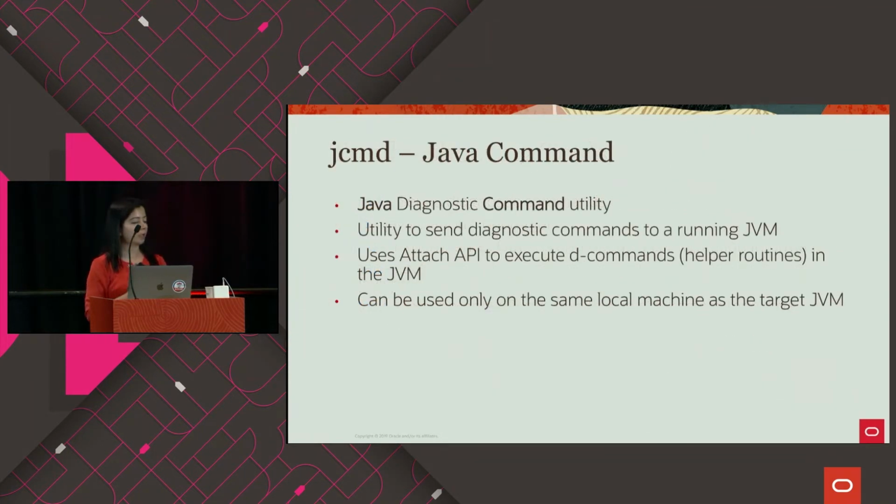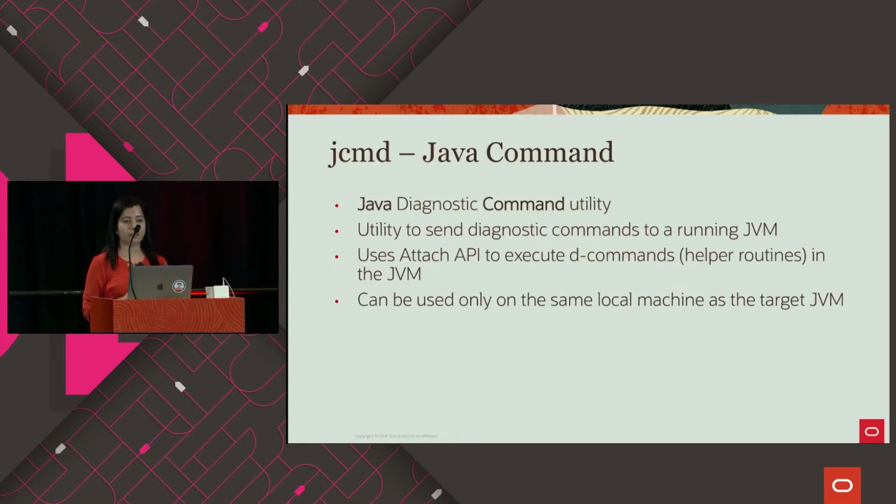All right, the first one, jcmd, the Java Diagnostic Command utility. This tool uses the attach API to attach to local running JVM processes. It doesn't have the capability to connect to remote applications, because the attach API is available only for connections on local systems.